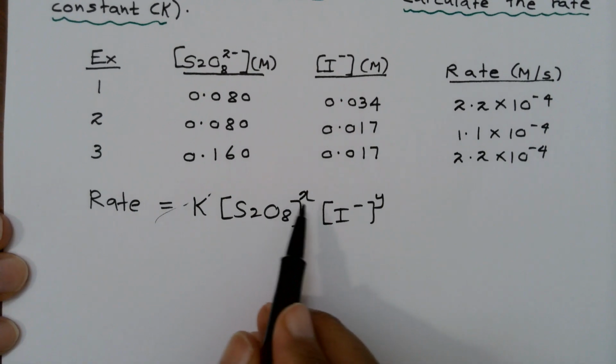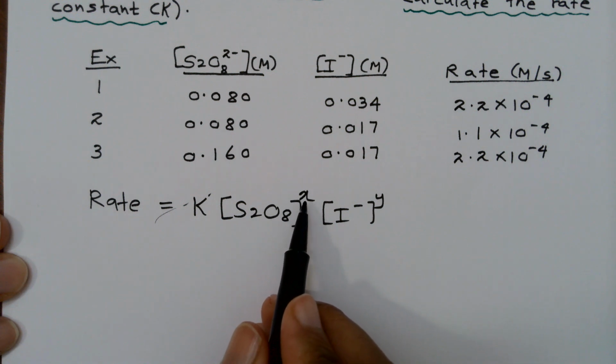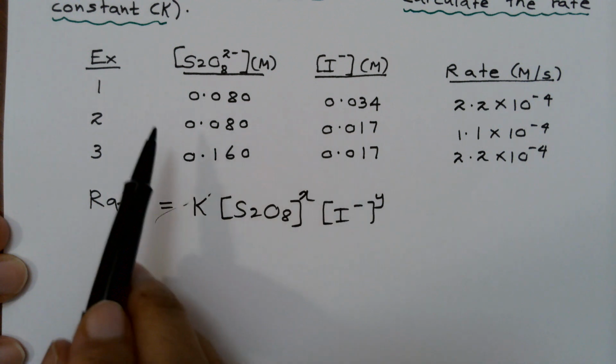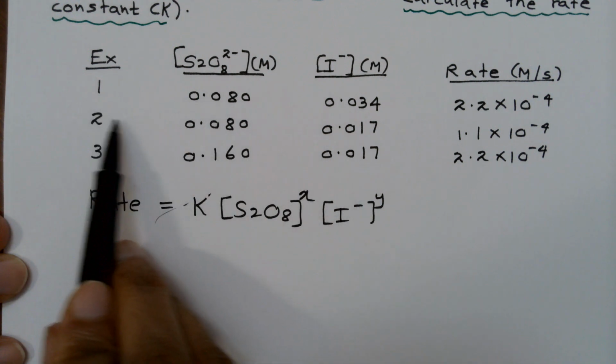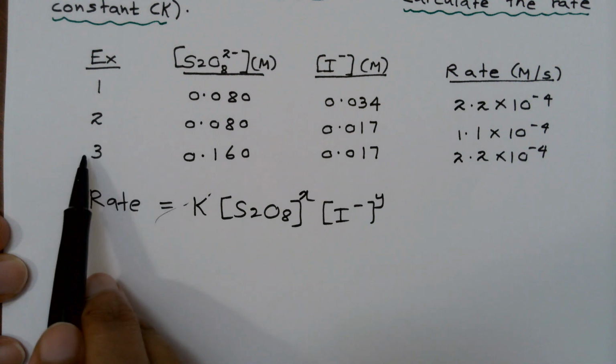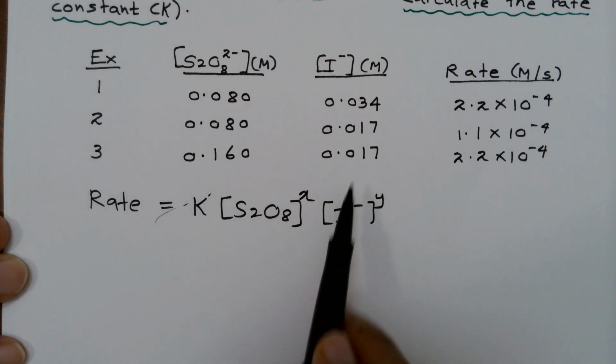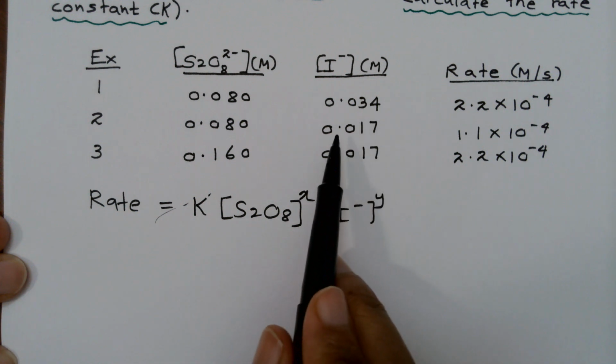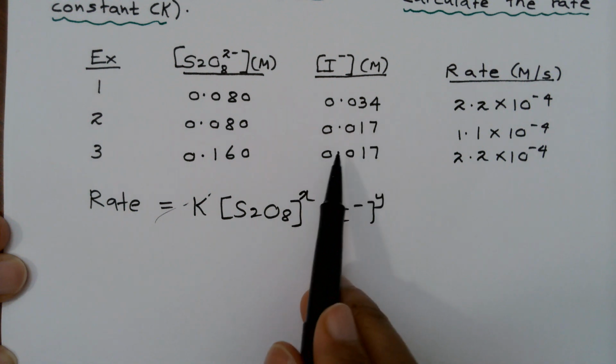So first, to calculate x, we need to ignore the y. To ignore y, we have to select experiment 1, trial number 2, and experiment 3 or trial number 3. So we need to ignore I minus by selecting the same I minus concentrations.